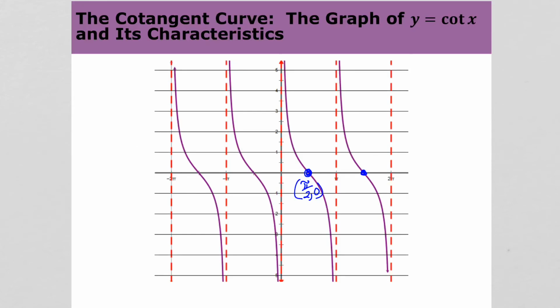Notice tangent went up like that. Cotangent goes down. So we've got 1 here and negative 1 there. We'd have pi over 4, 1, and 3 pi over 4, negative 1.